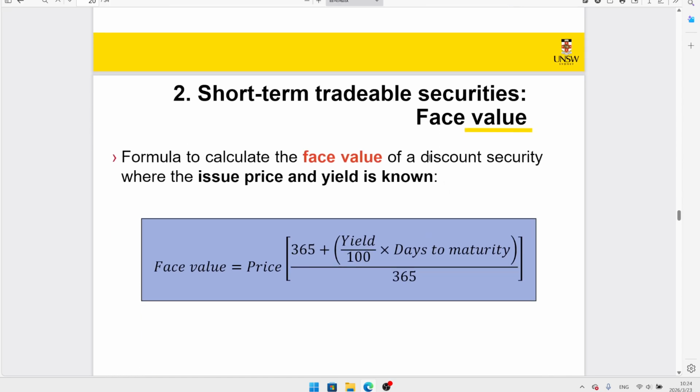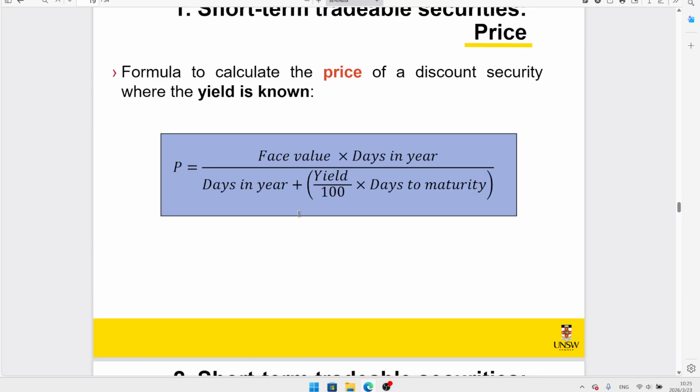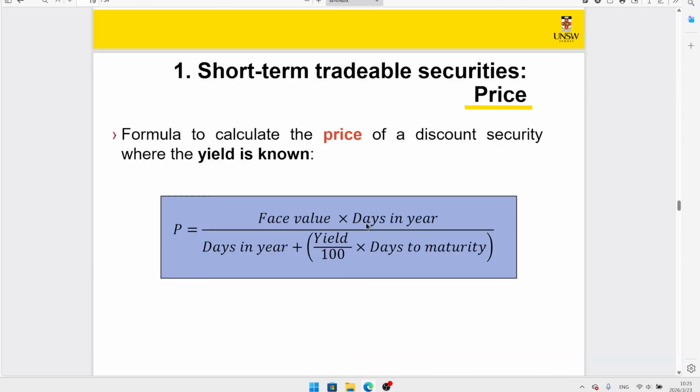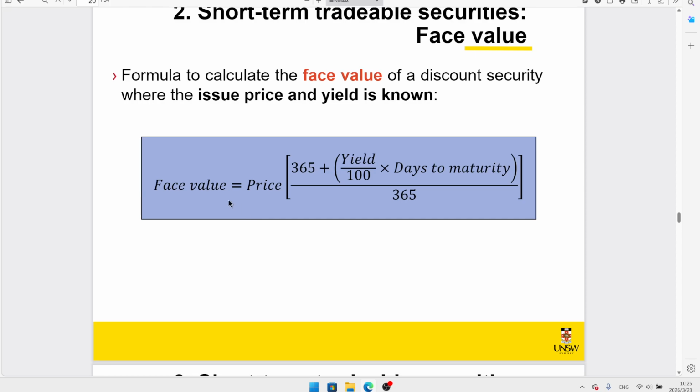Next is the calculation of the face value. We need to know the face value where the issue price and the yield are known. When we know the yield, we can calculate the price. And when we know the issue price and the yield, we can find the face value.